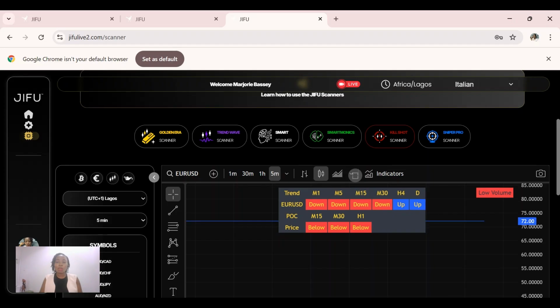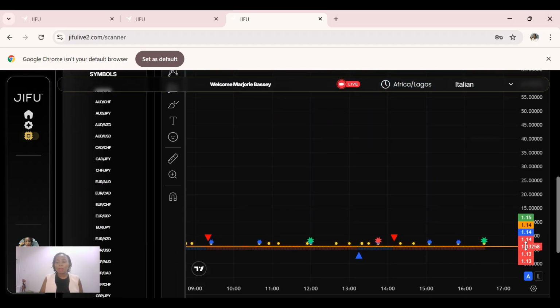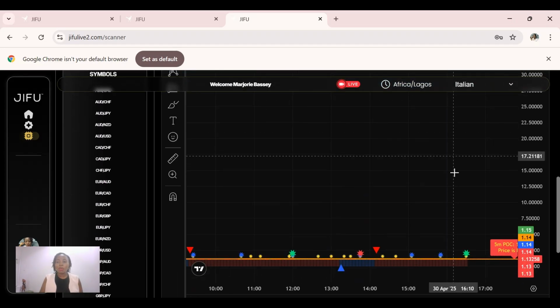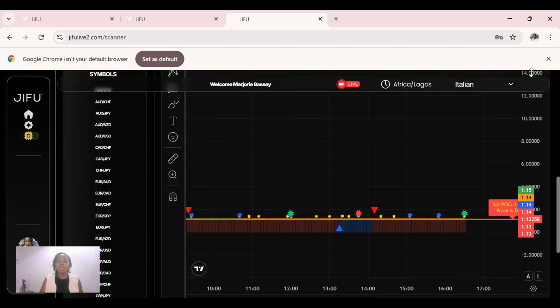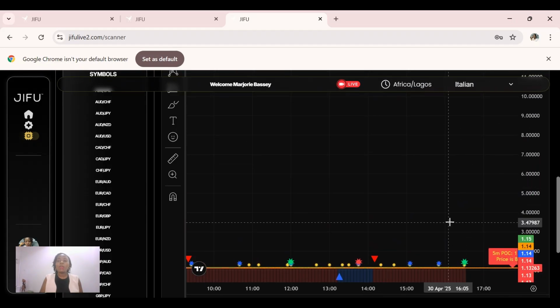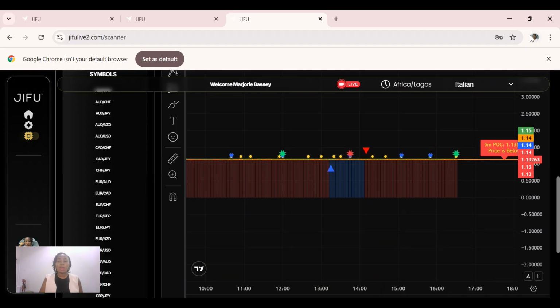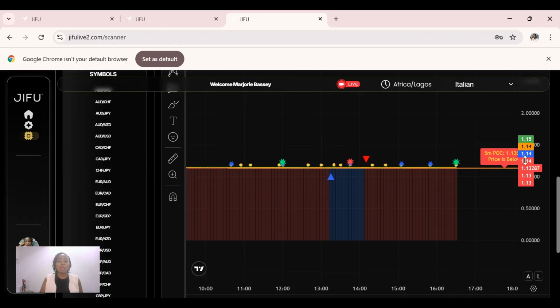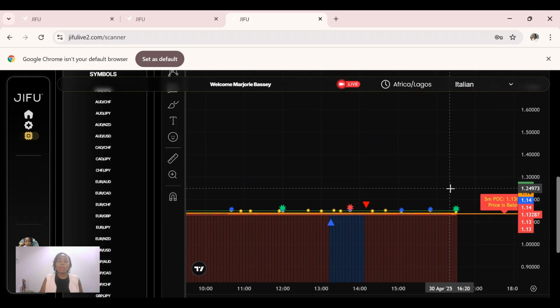Let me expand the chart and explain a bit. But since this is just a confirmation, all you need is the one at the top and then the three buttons below.